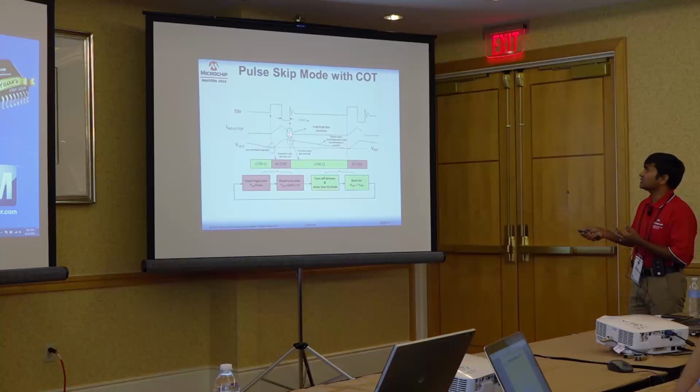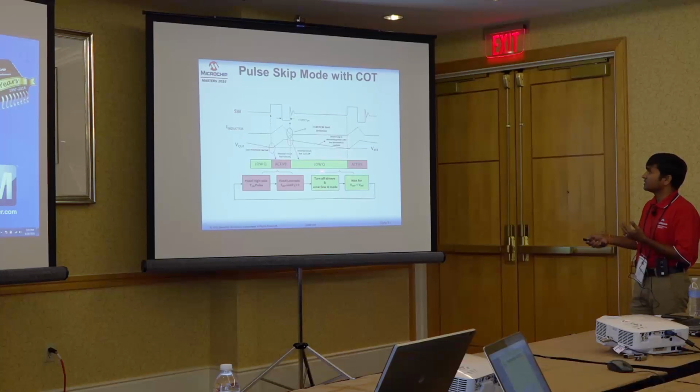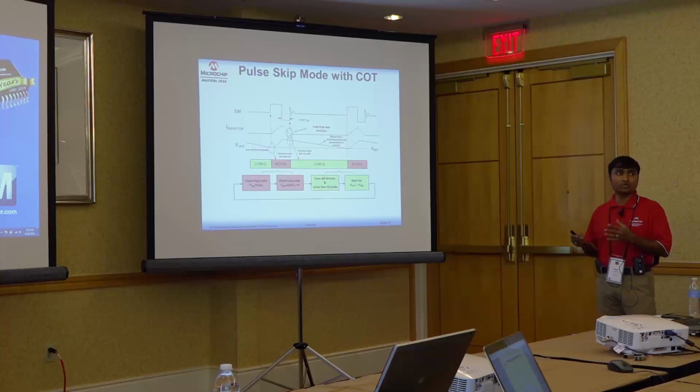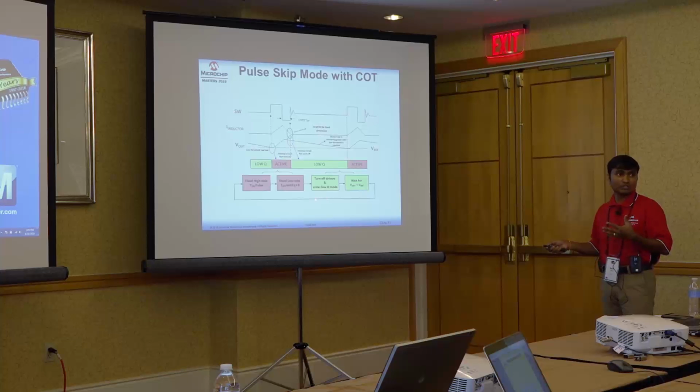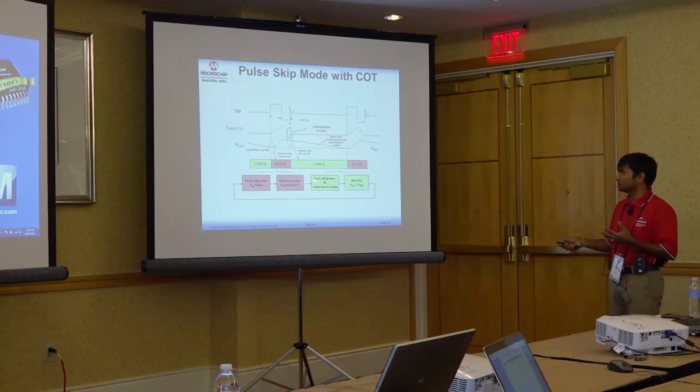Once the inductor current reaches the 0 level, the 0 current comparator turns off both the switches and it enters into the low quiescent current mode, and the output voltage starts falling until it reaches the reference voltage. Once it reaches the reference voltage, another pulse is initiated. So, during this period the quiescent current is reduced to a very large extent, because we turn off the drivers as well as we enter into the low Q mode.